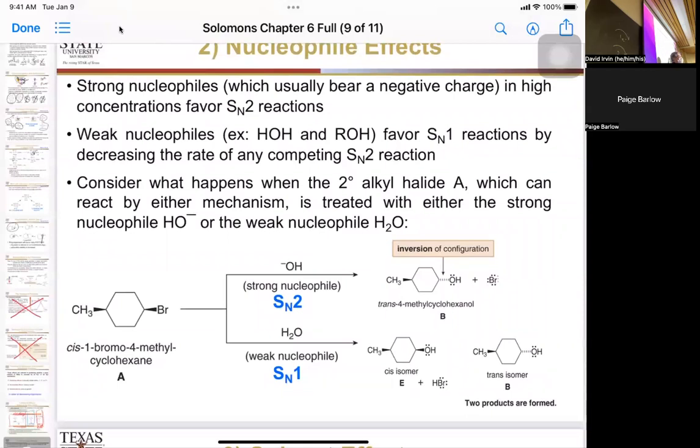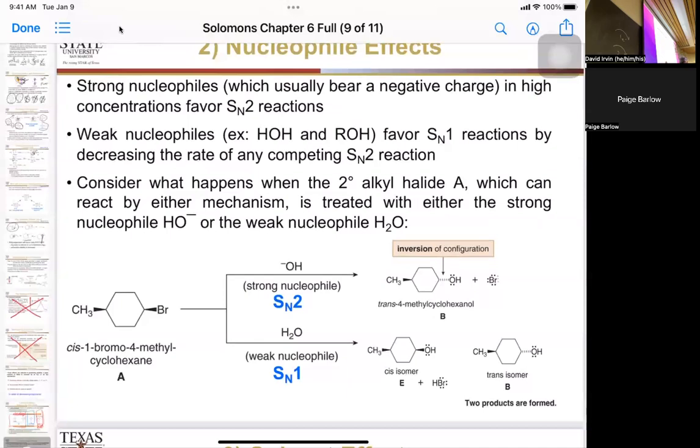So if your kinetics are faster to substitute, it will. The higher the nucleophilicity, the higher the kinetic strength, the faster the reaction will go as an SN2. If your nucleophile is bad, and it just has to wait around until a positive charge is formed, it's going to go SN1. Think uncharged species, water or alcohol.